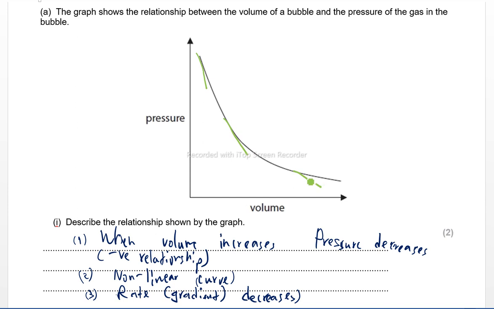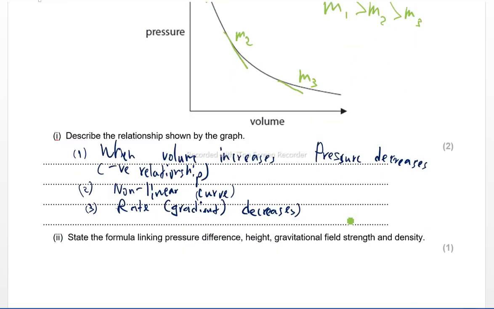Here the gradient will be even lower. So what you can say is the gradient is decreasing, which means the rate is decreasing. If I say the gradient here is m1, here m2, here m3, m1 is the highest, then m2, then m3. So m1 is greater than m2, then m3, which means the rate is decreasing. Okay, children? Right, moving to the next question.